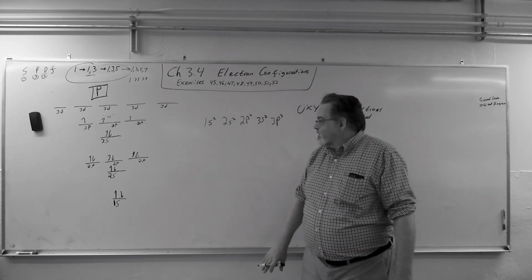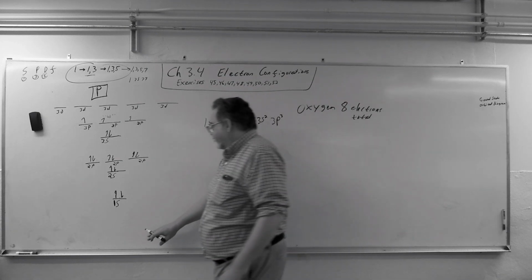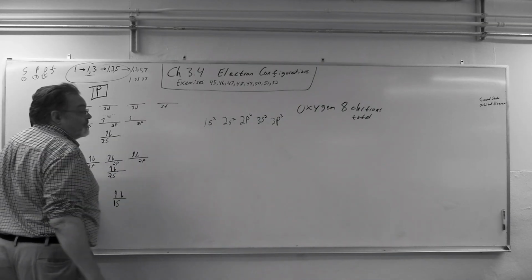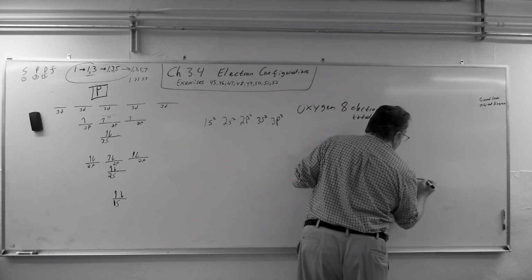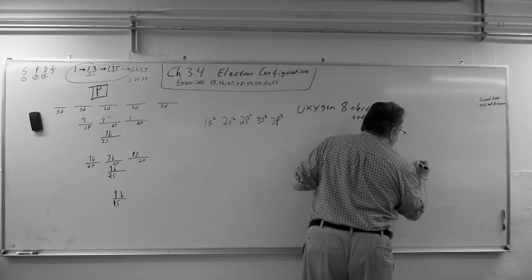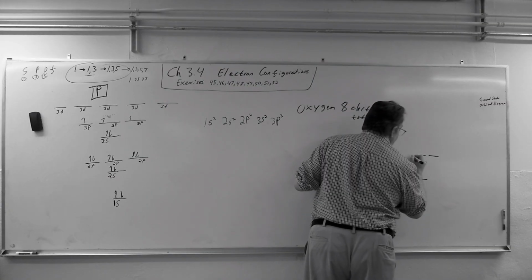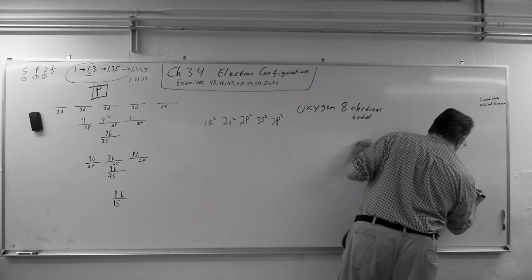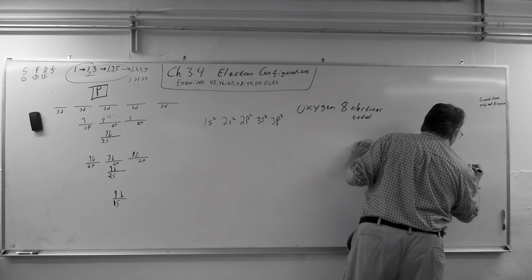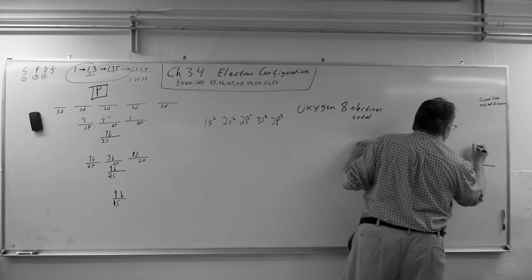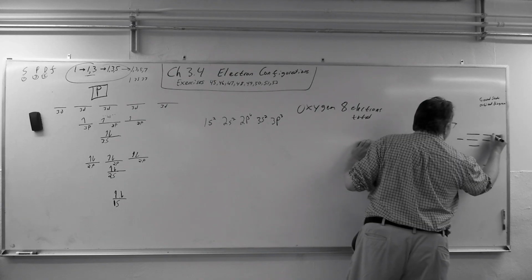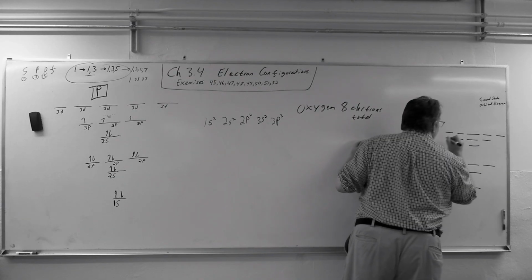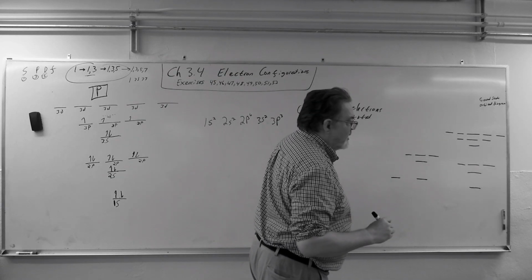So another way to represent this is, let me do this. 1, and then 1, 3, and 1, 3, 5. All right.